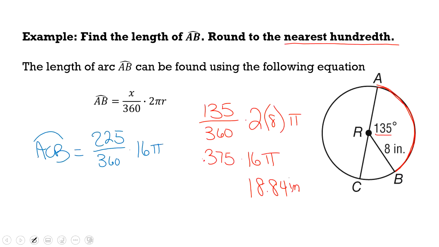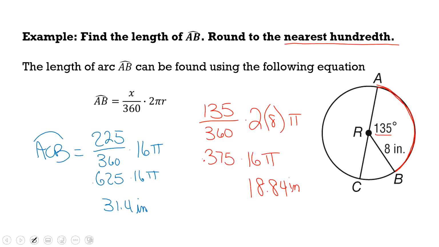That works out perfectly to 0.625 times 16 pi, which I know should be somewhere about 32. It's 31.4. So that's the length of the major arc. When we add them together, 31.4 plus 18.84 works out to be the full circumference of 50.24.